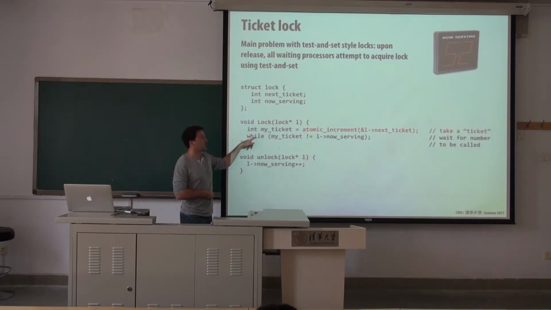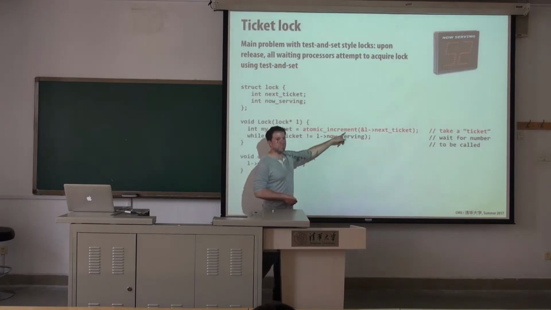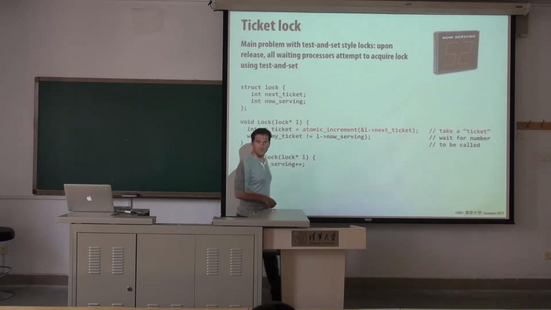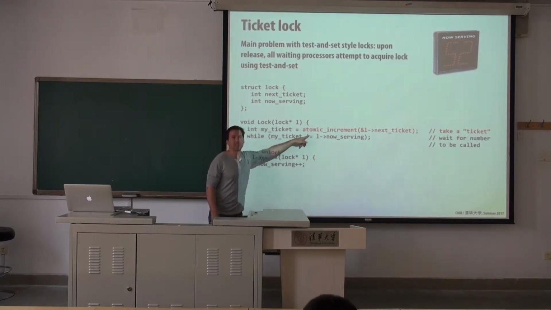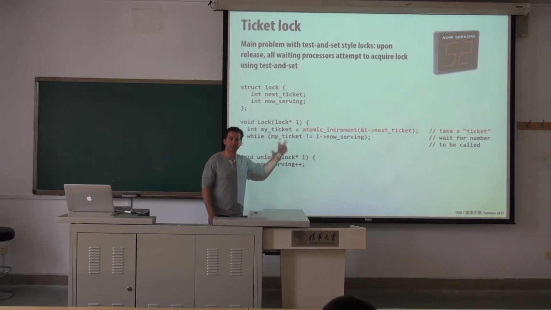So notice that lock is pretty easy. It's grab a ticket, grab a number, and notice that this needs to be an atomic increment. And while my ticket is not equal to who the restaurant is waiting for, I just have to spin.